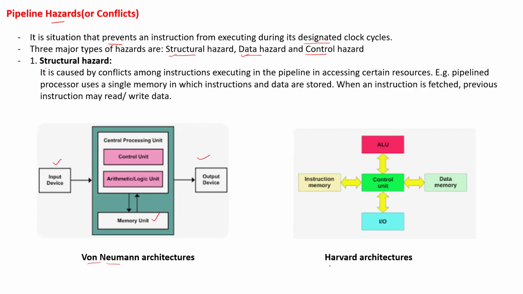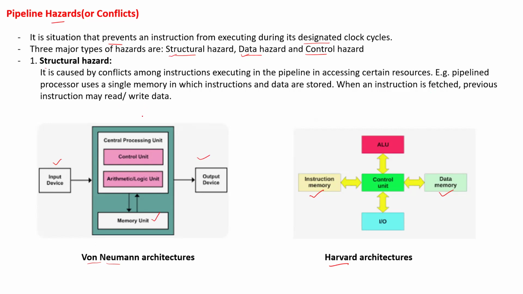Whereas in the case of Harvard architecture, it has separate memory for instructions and separate memory for data. So that's the benefit of the Harvard architecture. The structural hazard that we get here will be overcome in the Harvard architecture. When an instruction is fetched, the previous instruction may read or write data.